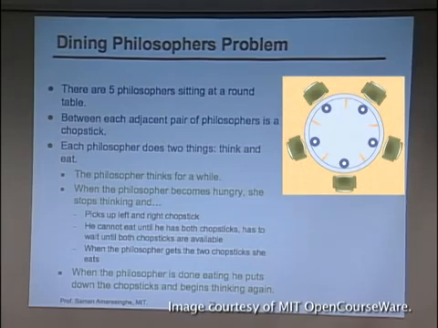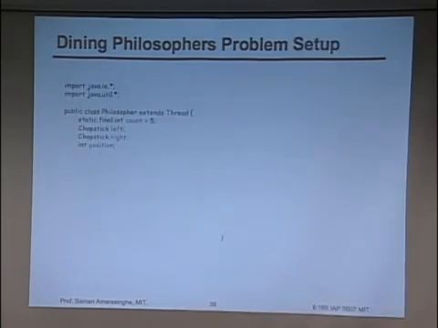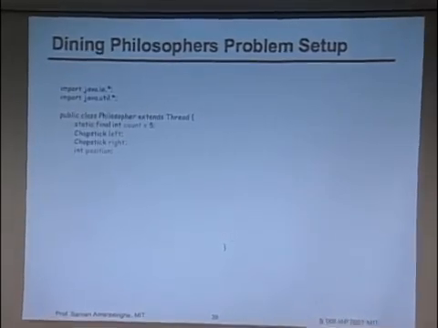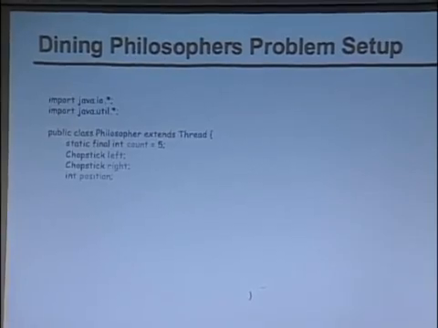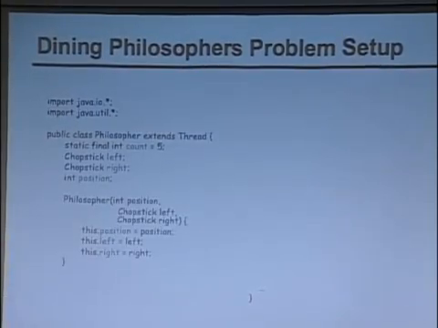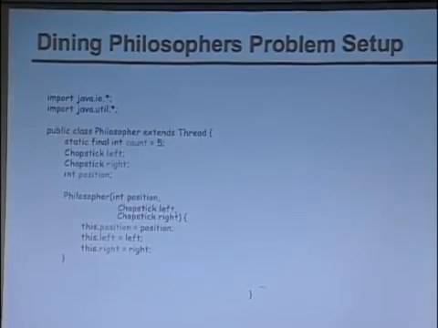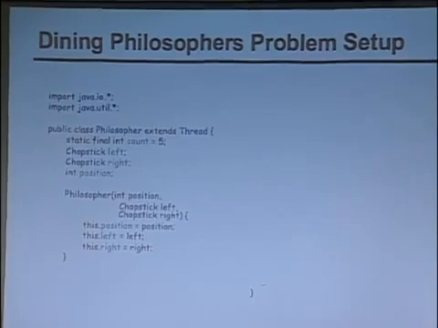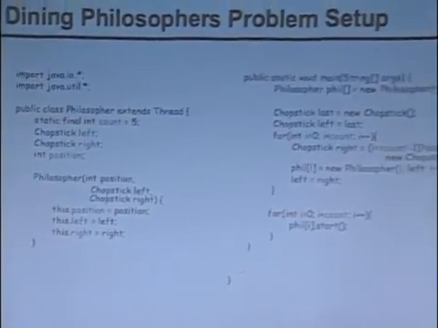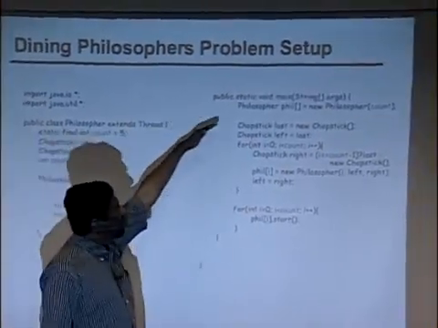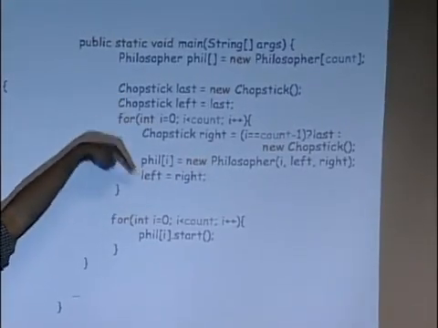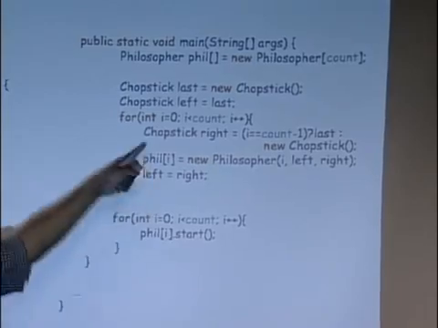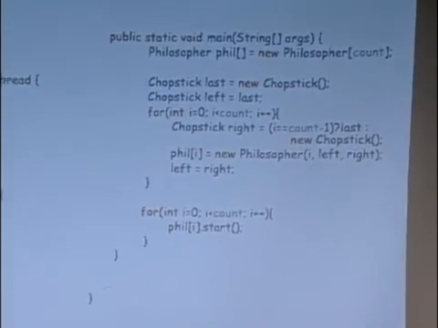So this is the classic problem. How do you write that? We'll code that. You can have a philosopher extend Thread, with a left and right chopstick, and you instantiate a philosopher with a left and right chopstick. In main, you create a number of philosophers, and you create a new chopstick, start with the left, and go through the other philosophers assigning left and right chopsticks, and then you start each philosopher going.